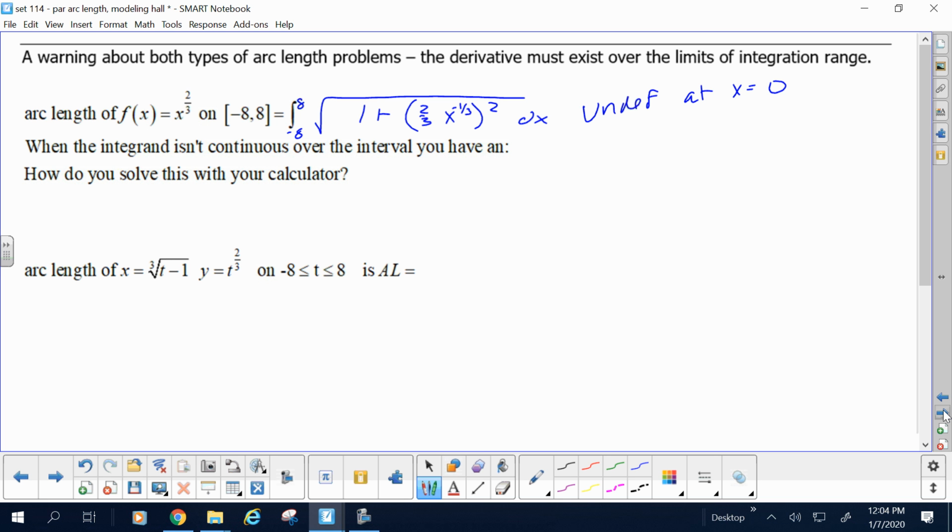Does it give you an answer or does it give you an error? Error. Okay, so cool. That's good, as it should, because it shouldn't just mindlessly crank out calculations.